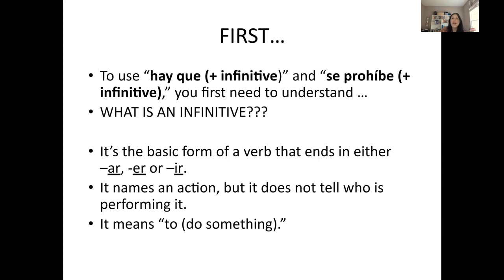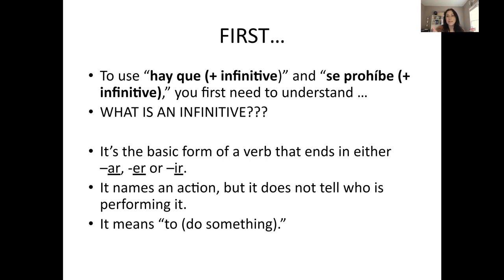But when you say, hay que estudiar español, you're not talking about someone specifically, you're talking about like the whole class in general. And I might say to everyone, hay que estudiar español mucho, you know? And so what I'm saying is one must or one needs to study Spanish a lot.